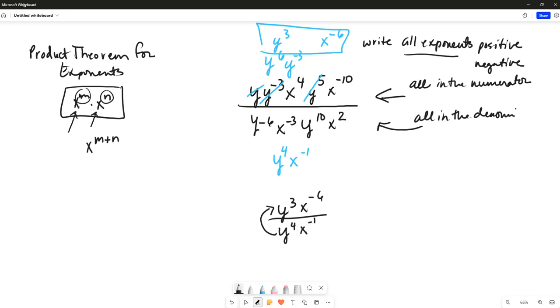Well, in the numerator, that's going to be y to the third, y to the negative fourth, right? Because in the numerator, it's going to have the opposite sign. And the x's is going to be x to the negative 6 and x to the positive 1, right?